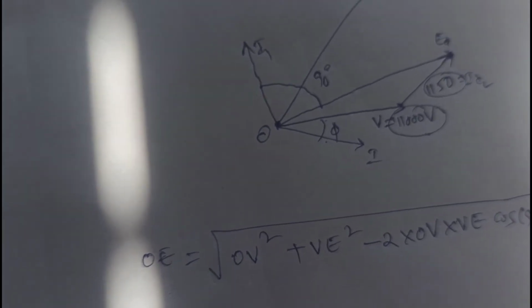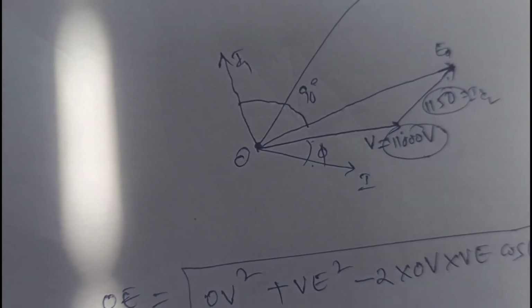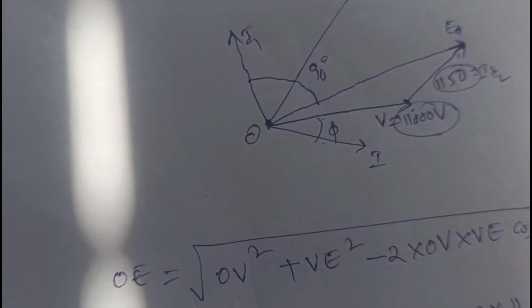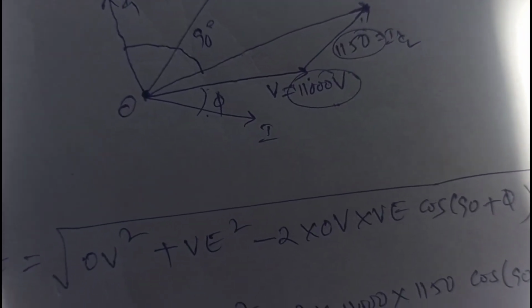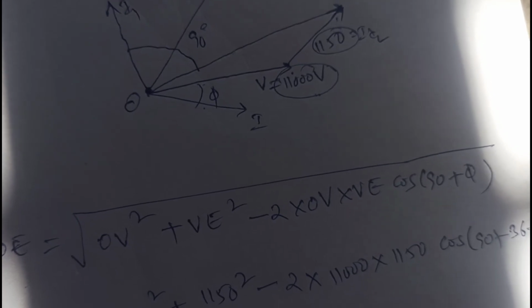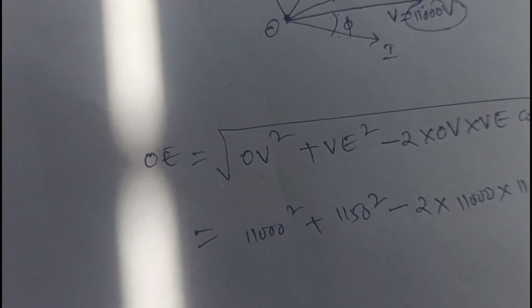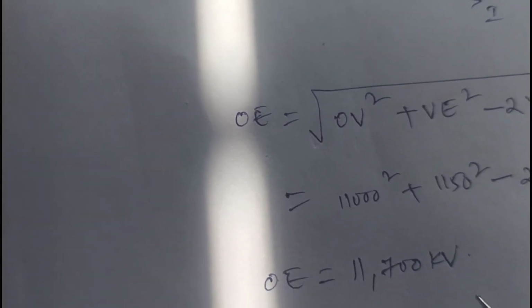OV is 11,000 square, VE is 1150 square, minus 2 into 11,000 into 1150 cos (90 plus phi). Phi is 36.86 degrees. From these values you get the OE value, finally 11,700 volts.